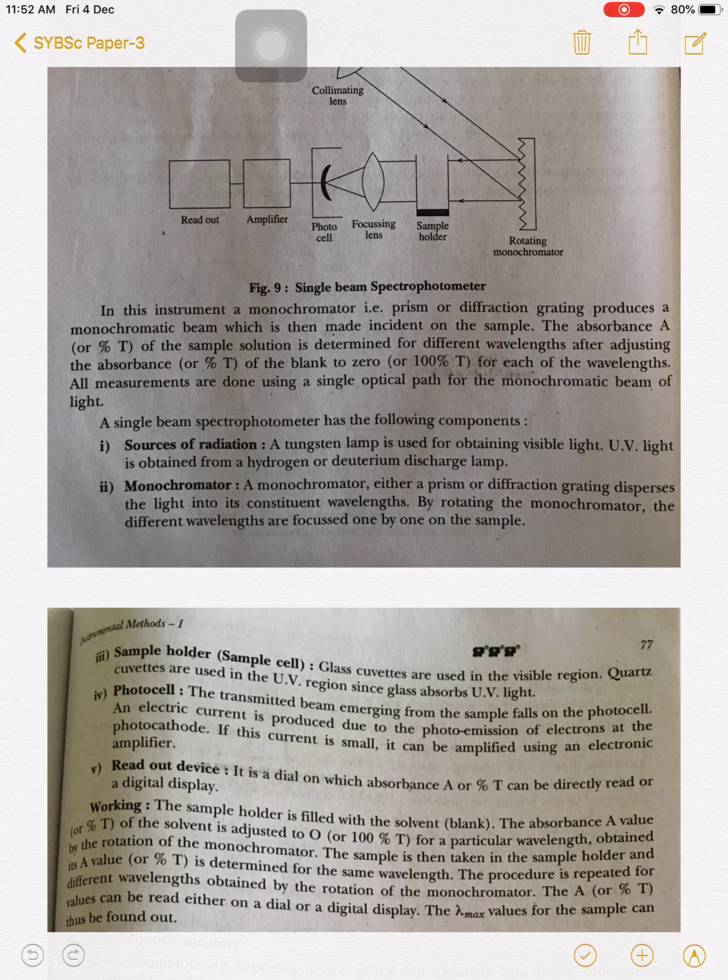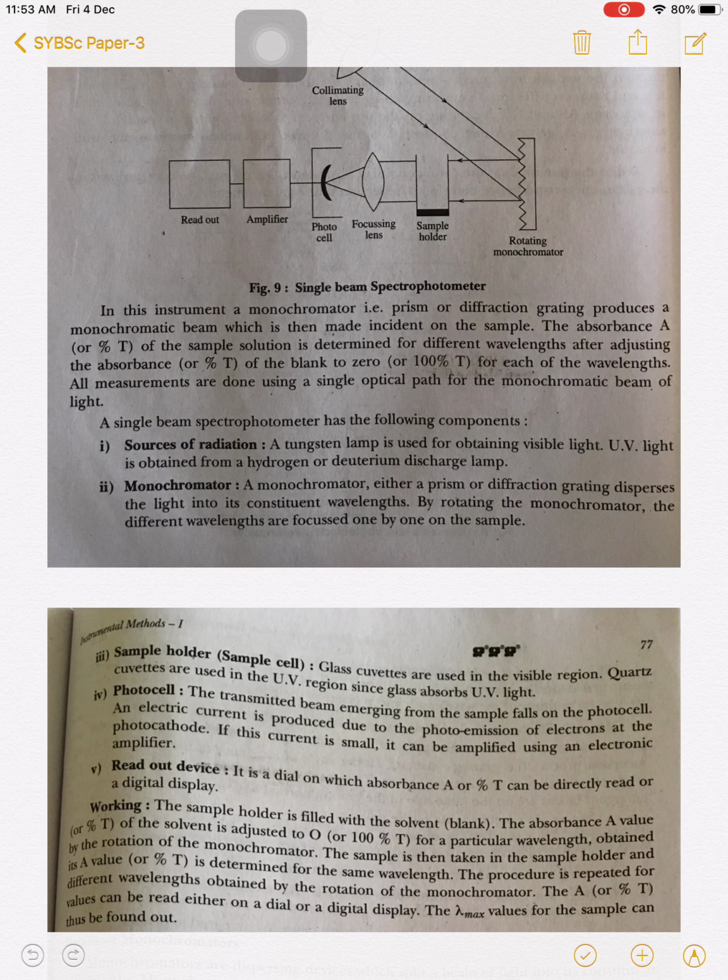By rotating the monochromator, the different wavelengths are focused one by one on the sample. So in this monochromator we are just rotating the monochromator, so the different wavelengths of light are focused one by one on the sample. By use of that we are calculating the absorbance at different wavelengths of radiation.